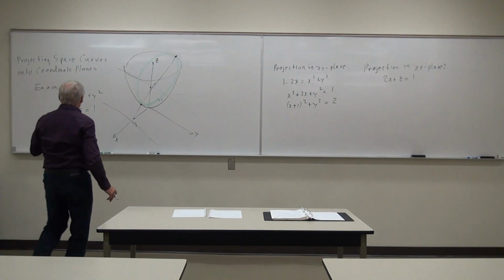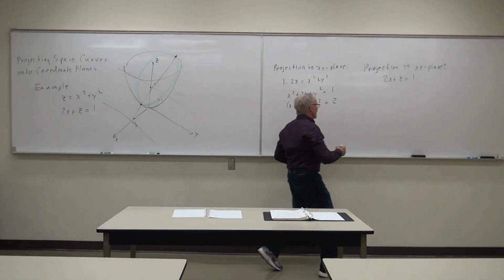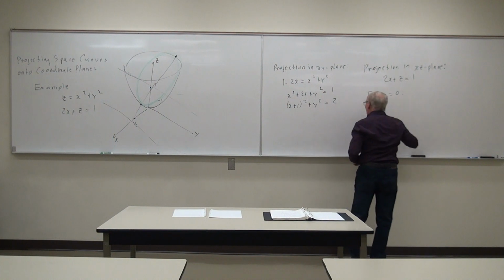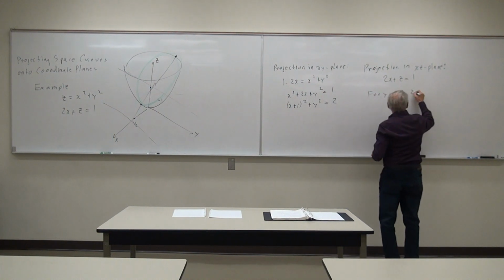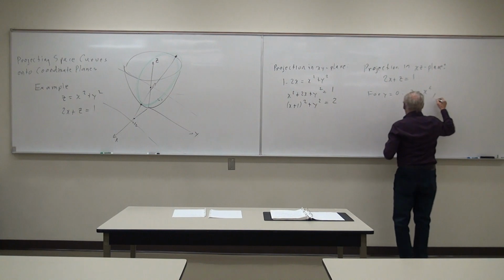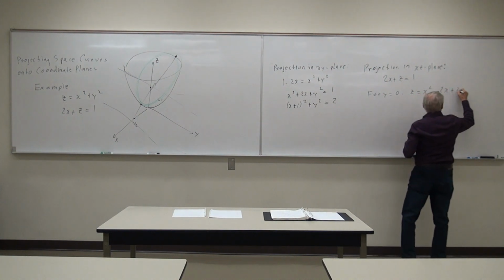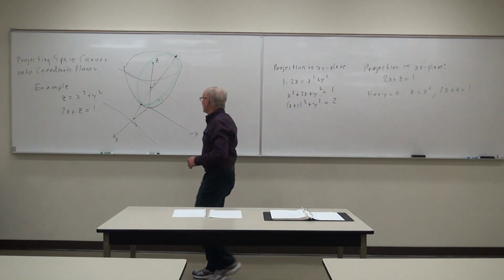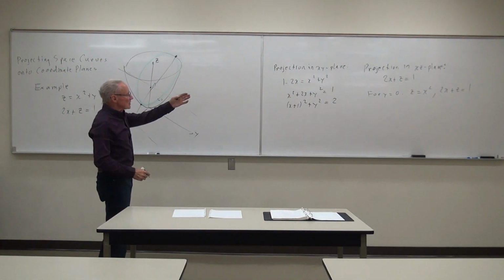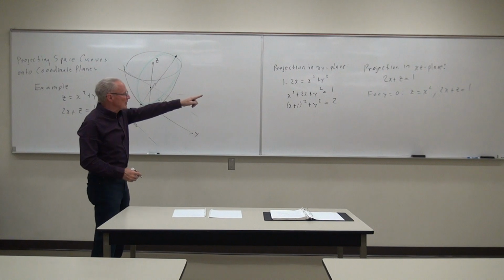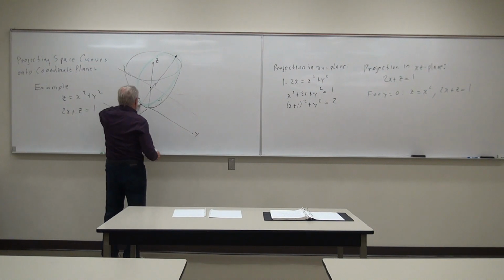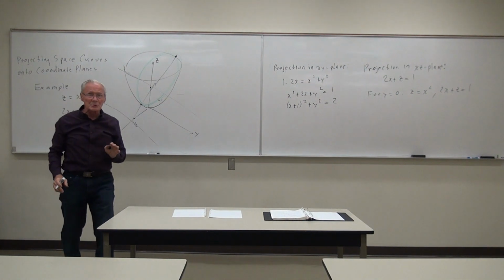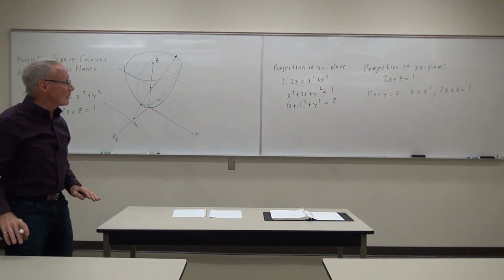So if we put y equal to 0, then we're going to have z equal to x squared, and we're going to have 2x plus z equal to 1. So all we have to do is solve these two. If I solve those two equations, I get the x and z coordinate of this point and that point. I'm really only interested in the x one. I could do the z's, but I'll do the x's.